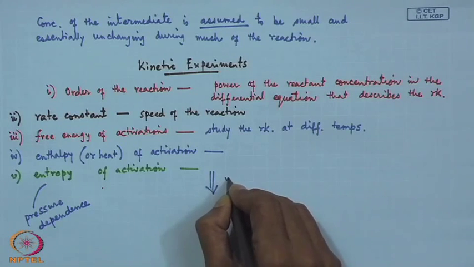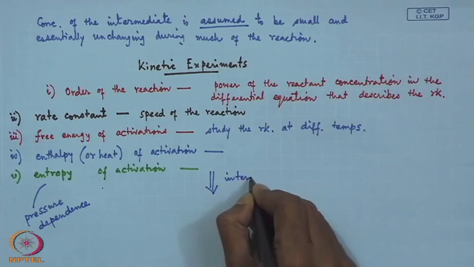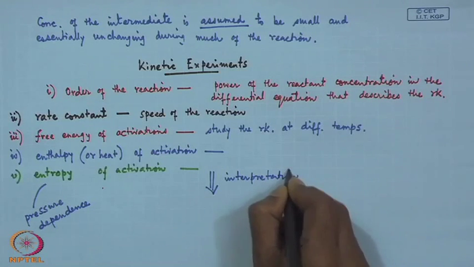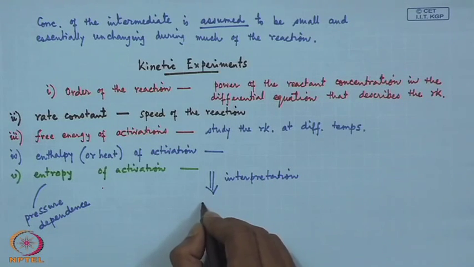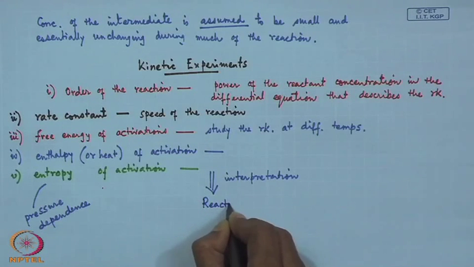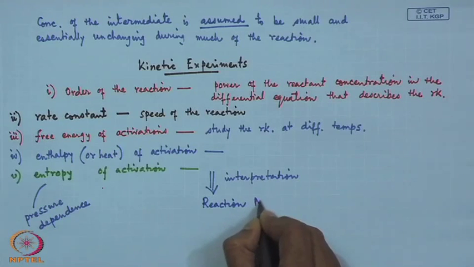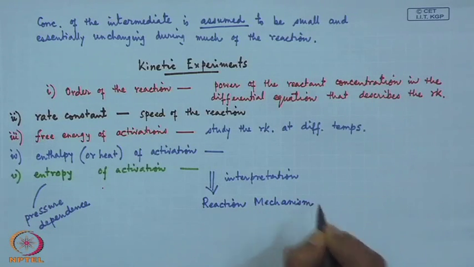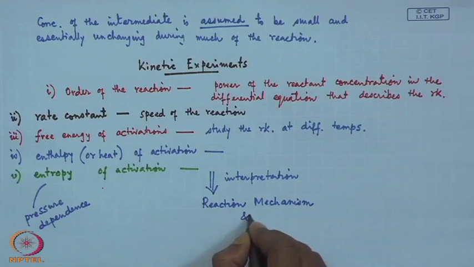So, if we get all these values in our hand, we can further interpret all these data, so we can have the interpretation which gives us the corresponding reaction mechanism, and along with the corresponding energy surface of the reaction.